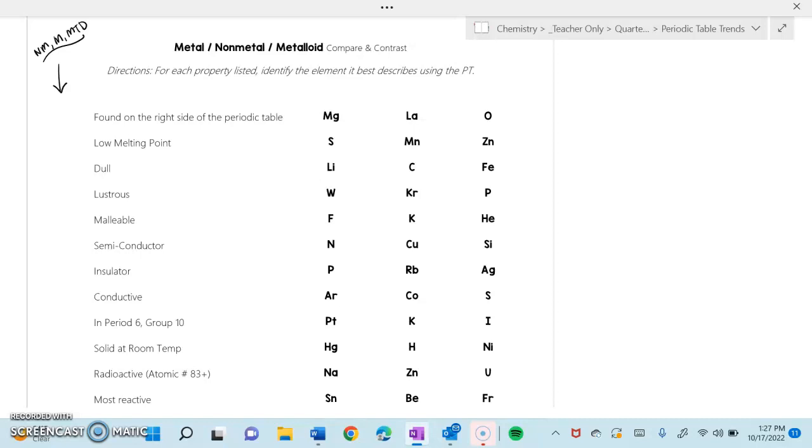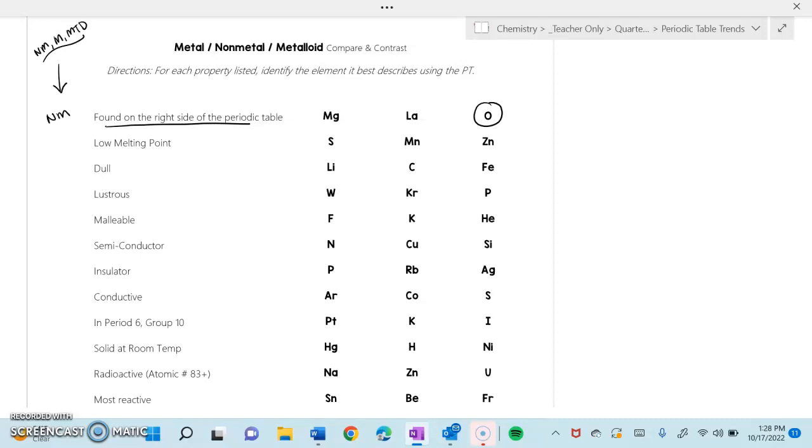So my property here says found on the right side of the periodic table. In your Venn diagram, what type of element is that describing? That's a nonmetal. So then I'm going to look at the elements listed here and ask which of these is a nonmetal. Well, magnesium is a metal, lanthanum is a metal, so it has to be oxygen. And then you can just circle your nonmetal, oxygen it is.